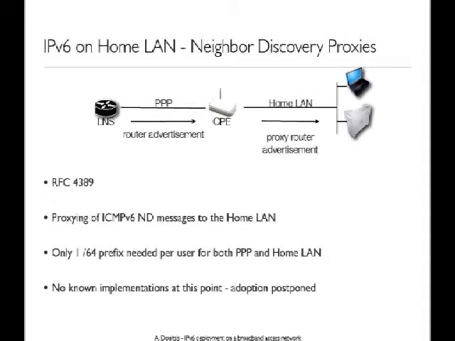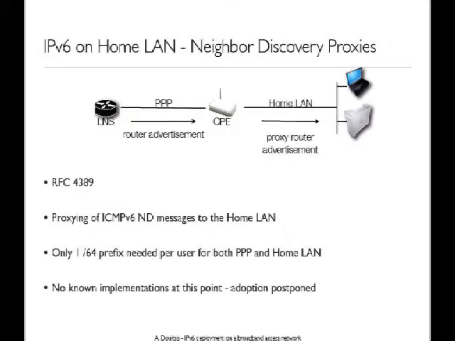The tricky part is to enumerate the home LAN behind the CPE. In our opinion, the ideal way to do it is to use RFC 4389, which is called ND proxy, neighbor discovery proxies, and basically with this method, one can use only one /64 IPv6 prefix to enumerate both the PPP interface of the CPE and the home LAN of the user behind the CPE.